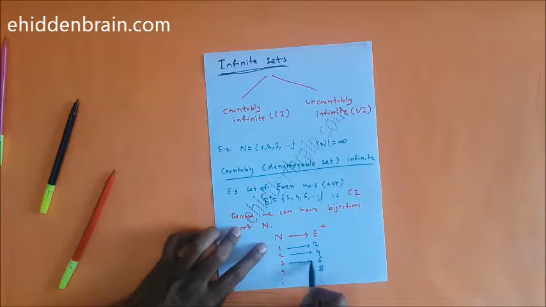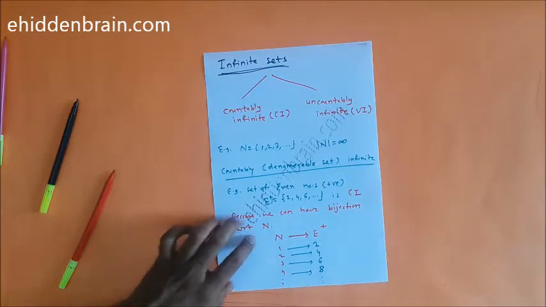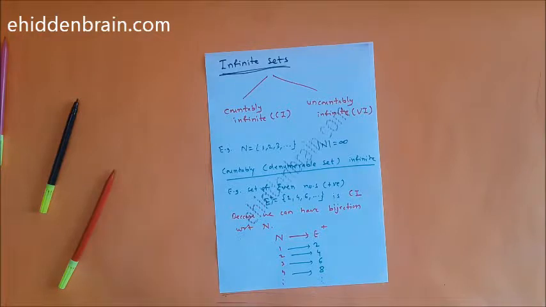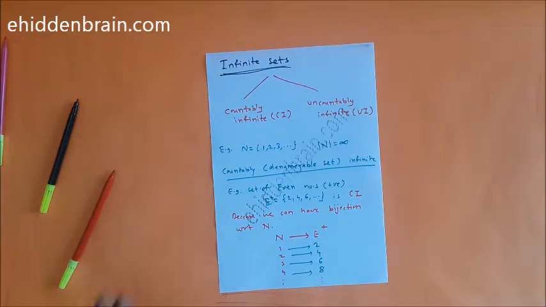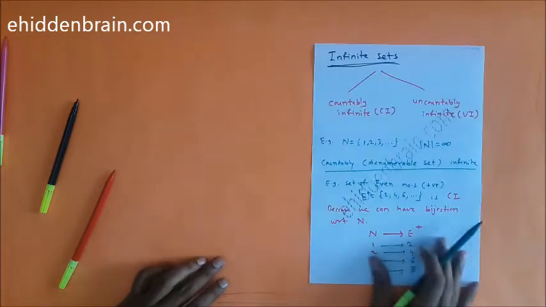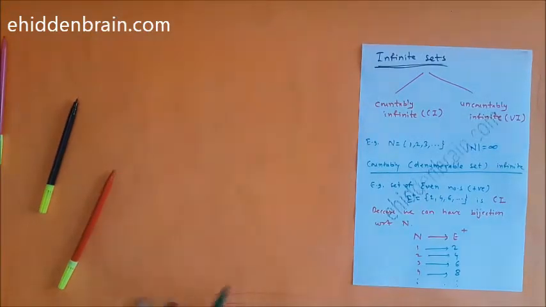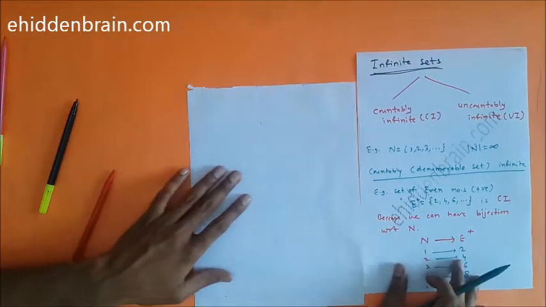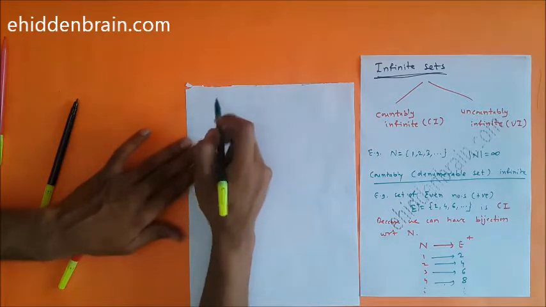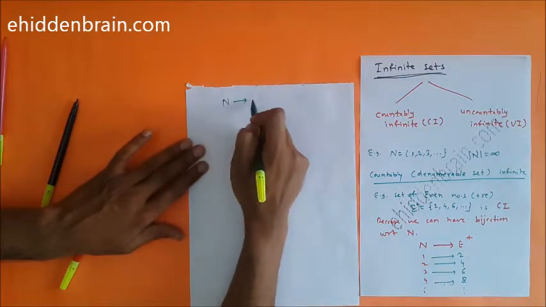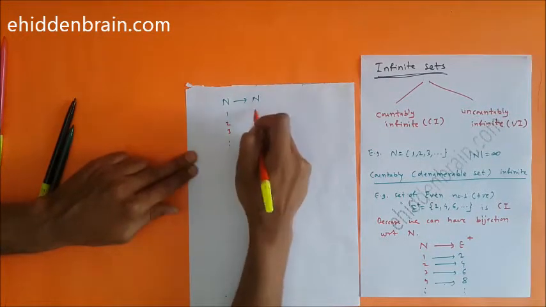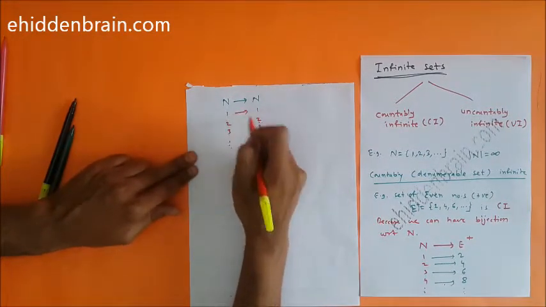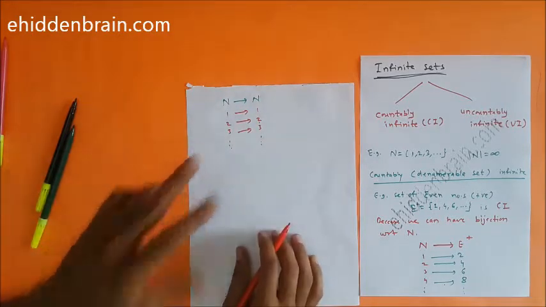You can see this is a bijection, right? And hence the set of even numbers, any even numbers, positive or negative, doesn't matter, right? Or set of even numbers itself is countably infinite set. Even a set of natural numbers itself is countably infinite, because there is a bijection from N to N, where I can have the elements 1, 2, 3 up to infinity, and then again 1, 2, 3 up to infinity, and this is a valid bijection, I can say.